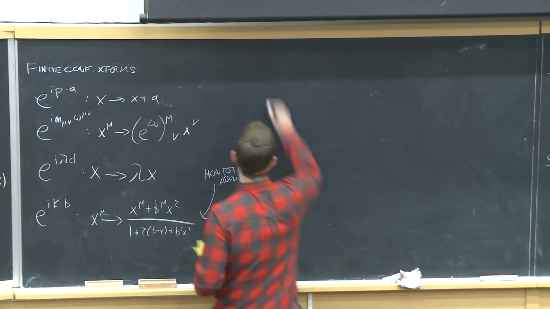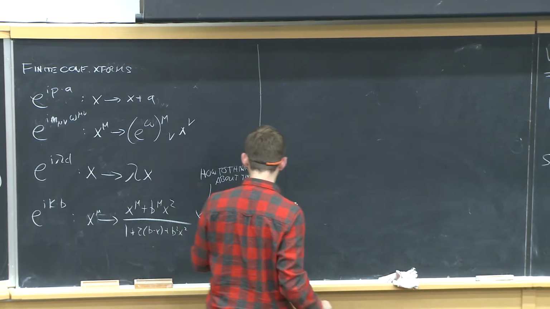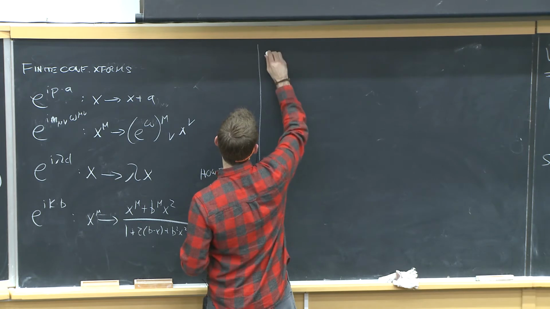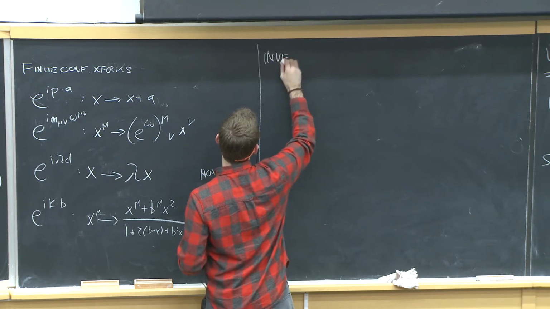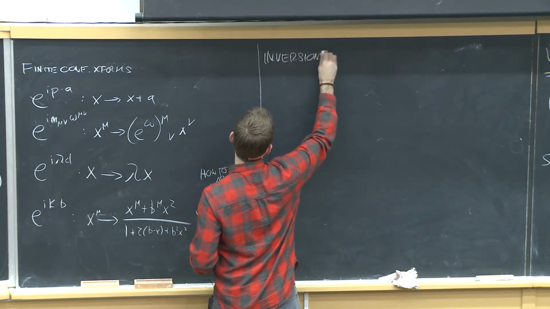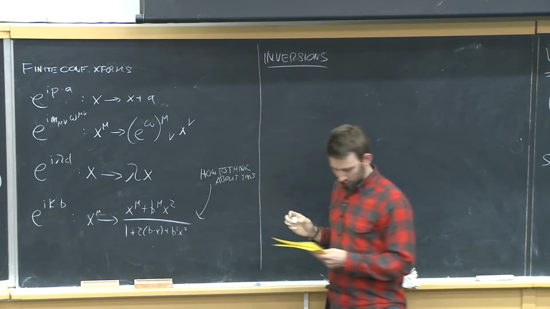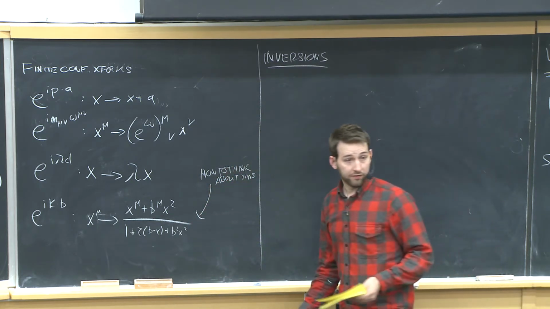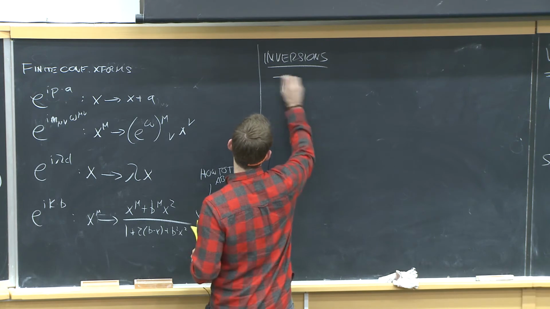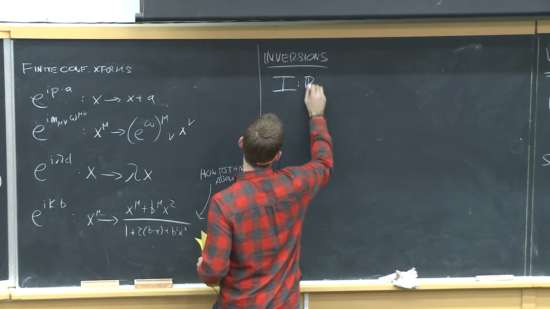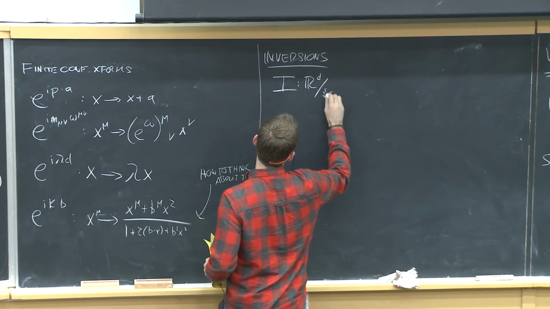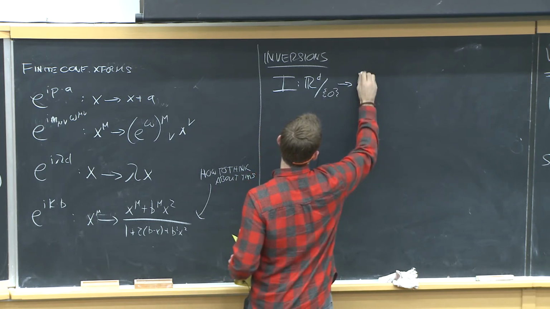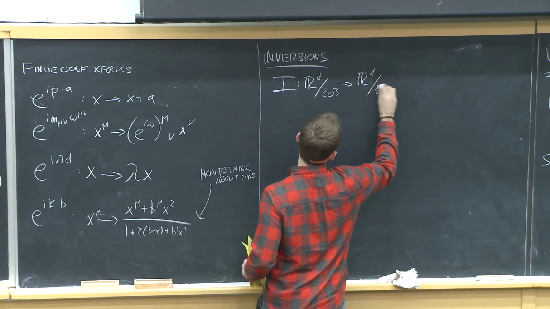In order to understand it, we need a quick aside on inversions. So consider the following map from R^D minus the origin to R^D minus the origin.